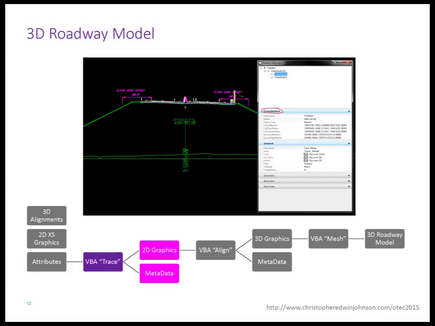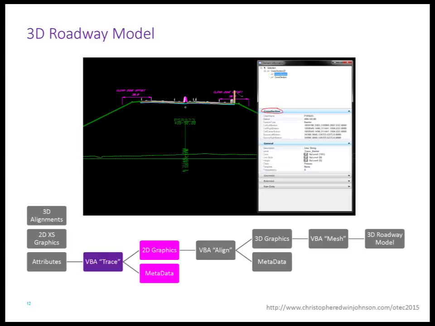And so the first tool that I developed is a VBA tool that I'm referring to here as a trace tool. And what that tool did is essentially trace the top of the finished grade surface in order to produce this visualization model. Because throughout approximately 500 cross-sections, as was mentioned in previous presentations, there's not always consistency between the different legs or different cross-sections that are delivered.